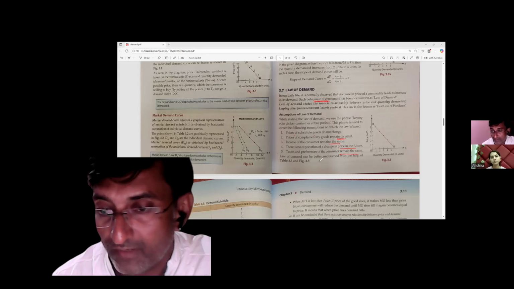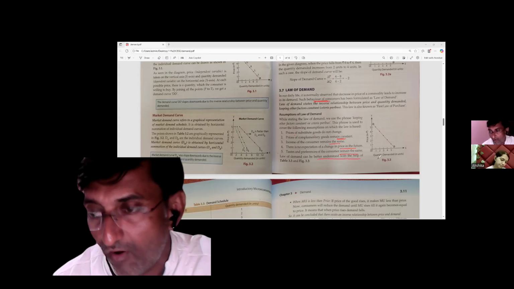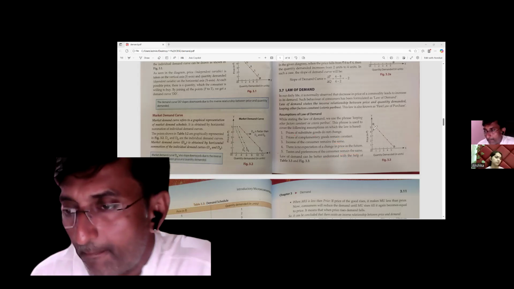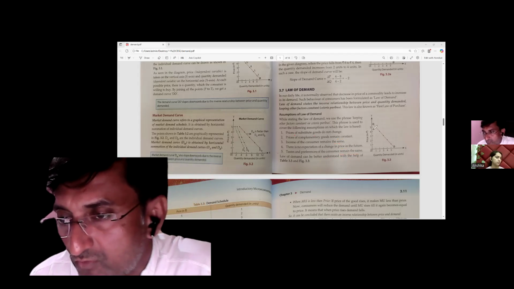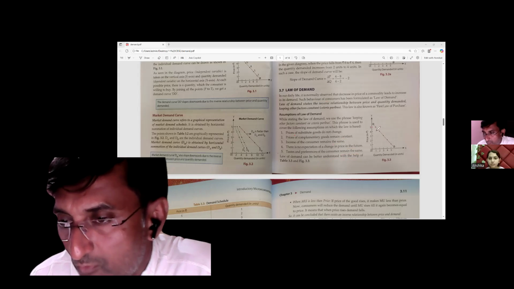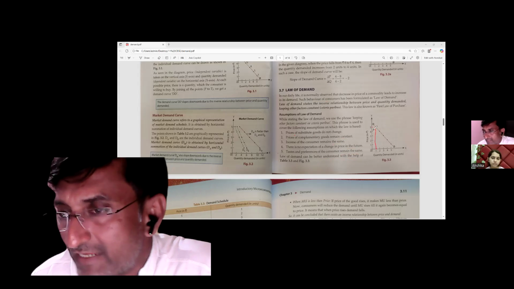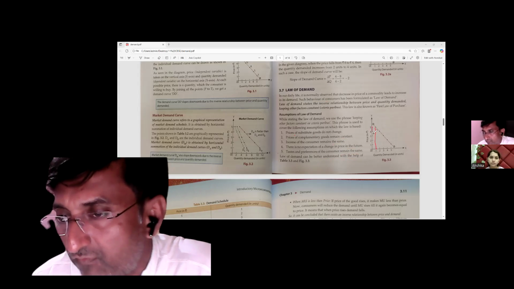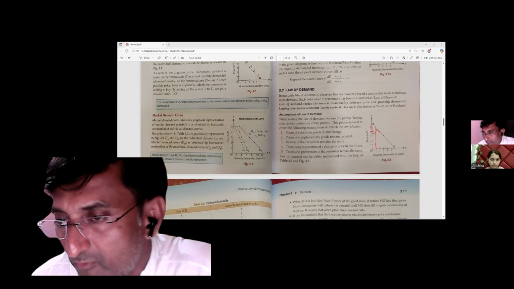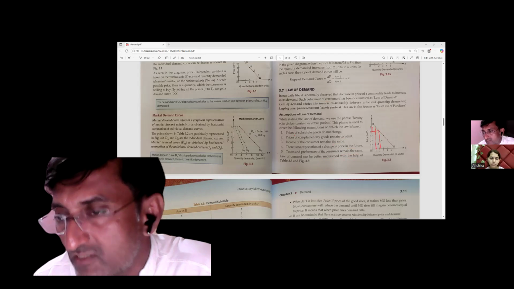The law of demand can be better understood with the help of this example. Let's see how. When the price of the good was ₹5, you bought one unit. When the price fell from 5 to 4, you purchased more, that is 2.